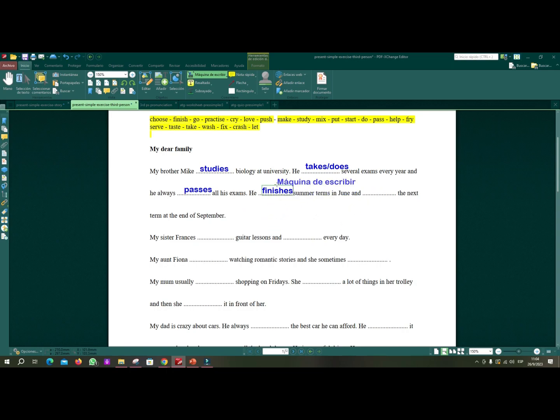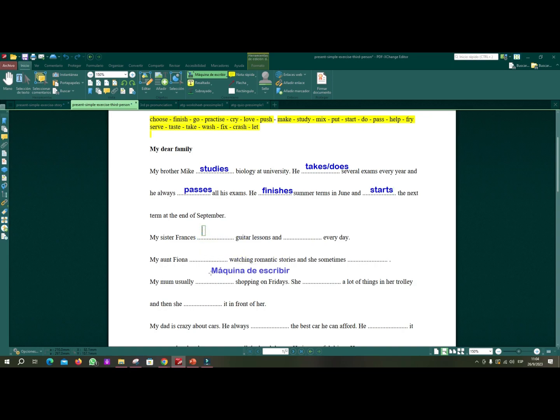So, here you have finish. So, he finishes summer terms in June. And starts the next term at the end of September. So, start. Here you have starts. The next term at the end of September. My sister Frances, right? Guitar lessons.